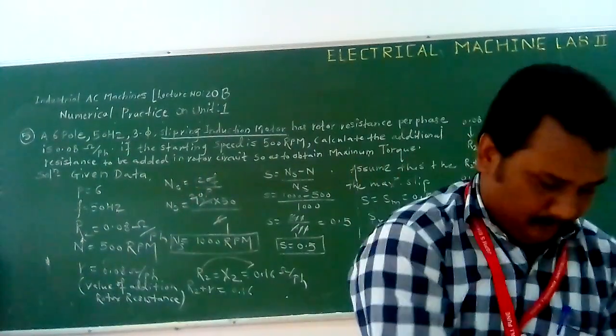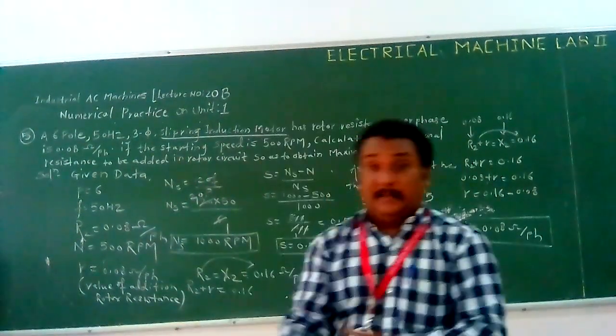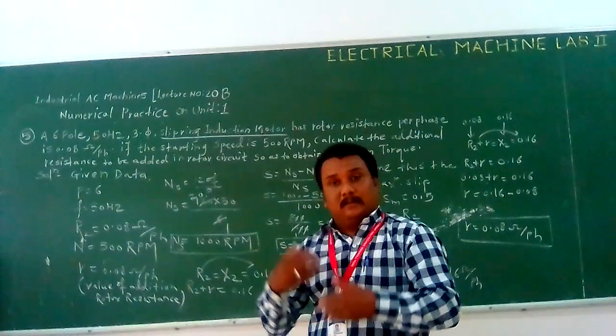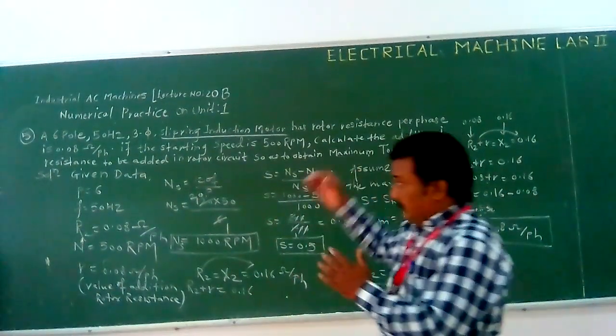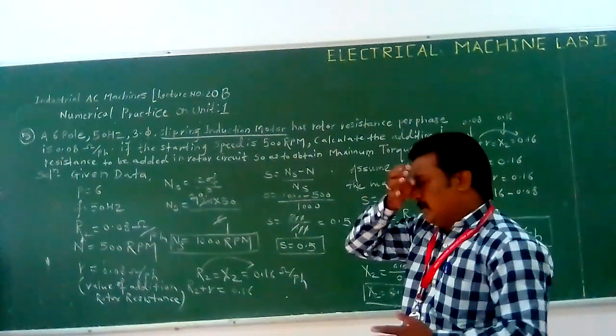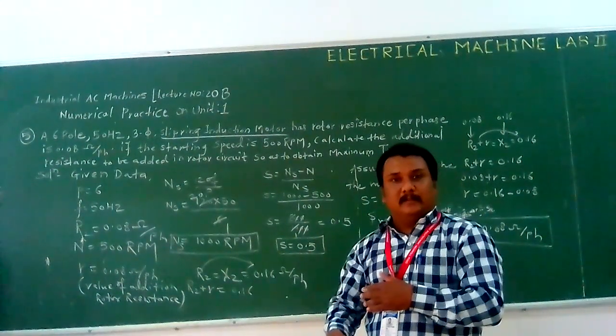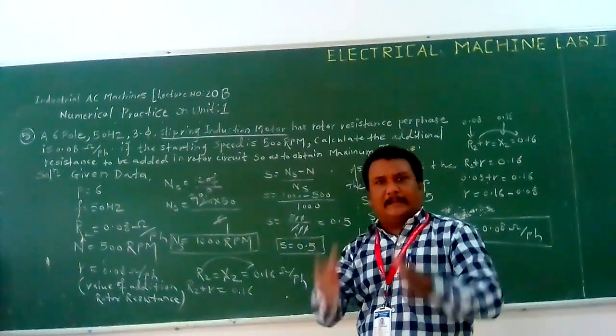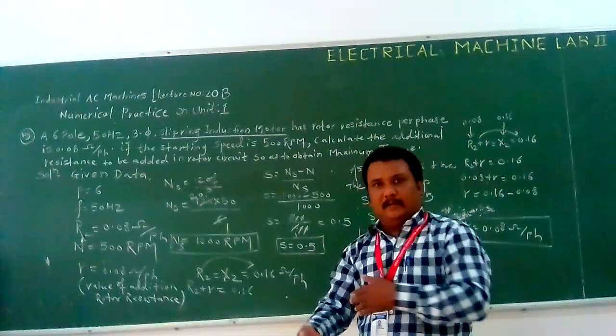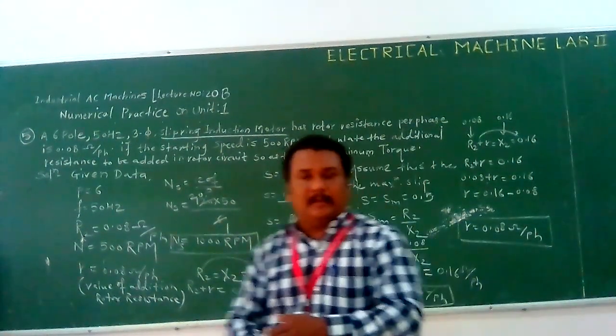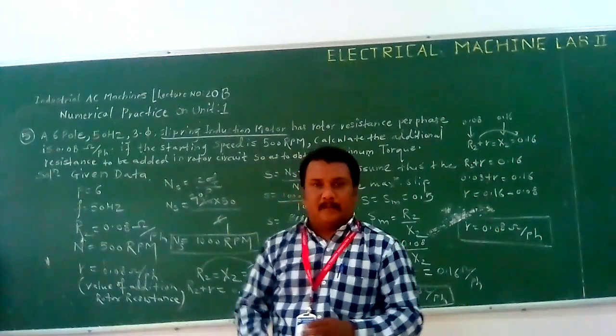So this is the slip ring induction motor category of numericals. Going to the next numerical, it is also a similar type but slightly different. The calculation is different but the method is the same.